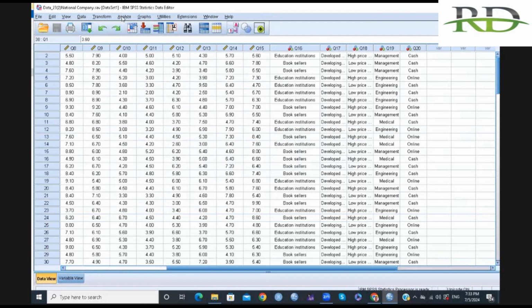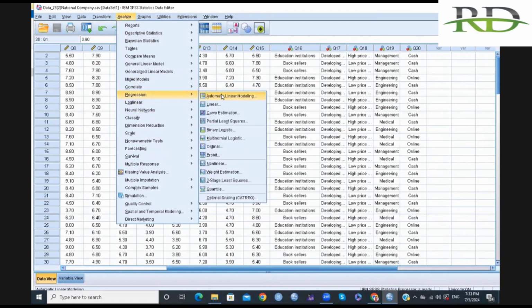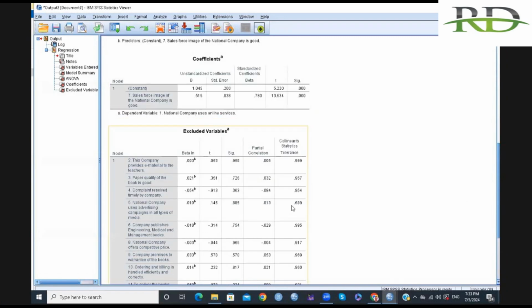Go to analyze, linear regression. Then you will have to select, remove it and just put the first question here and first here. Now it will do the multiple regression. You can see here, these are the coefficients and these are the excluded variables.